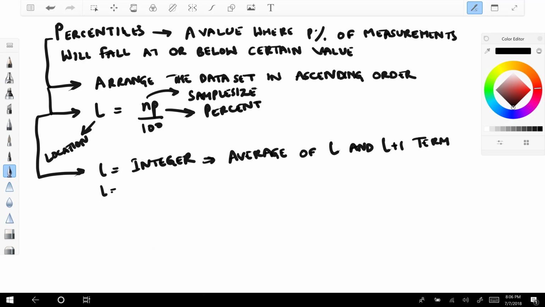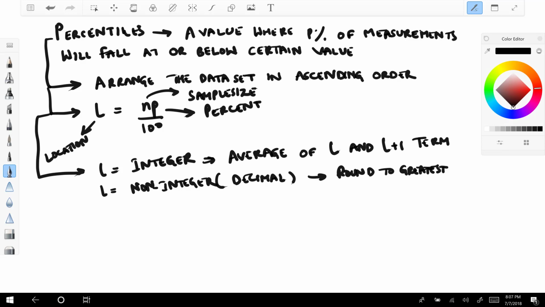If L is non-integer, it means it's a decimal value, round to greatest. So this is how we calculate percentiles. I will take an example, a data set, and try to calculate different locations.